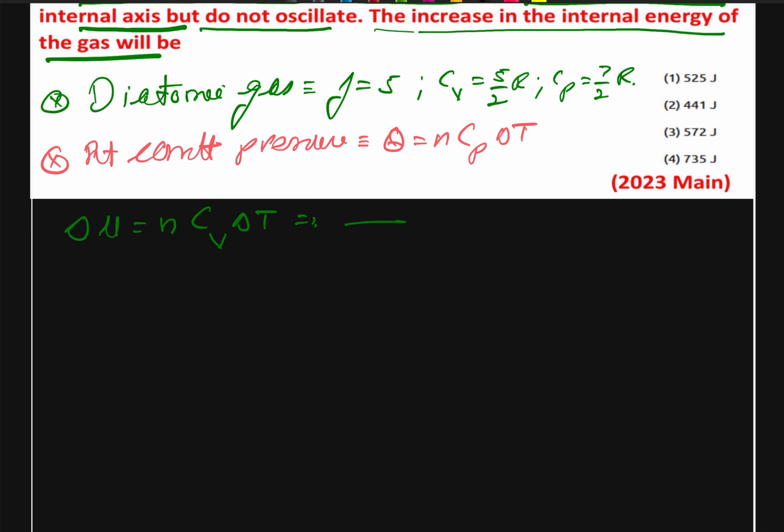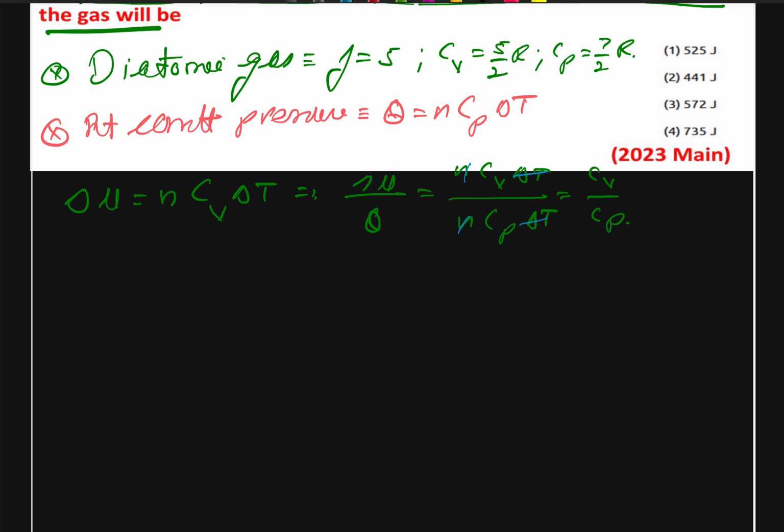We can say delta U upon Q is equal to n C_V delta T over n C_P delta T. Here n and delta T cancel out. This comes as C_V upon C_P, which we already know.